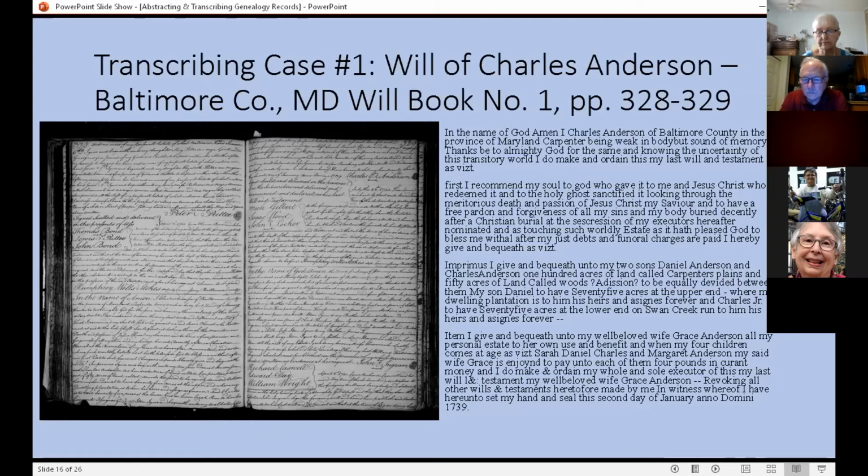And sometimes when you're doing these types of transcriptions and later want to abstract the information, it may be beneficial for some researchers, if they have the time, to actually transcribe the document and then go back and strike out the court language, and there you basically have your abstract, and can do it that way as well if you have the time, or you just turn around and do an abstract if you want to and pull out the key information.